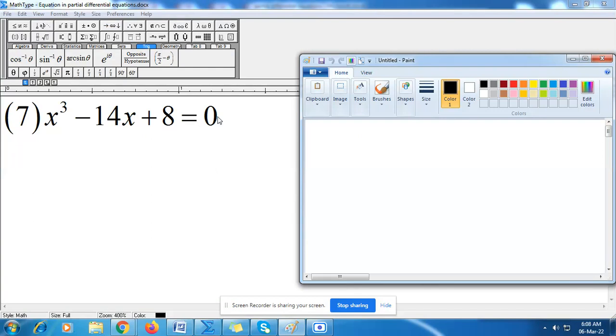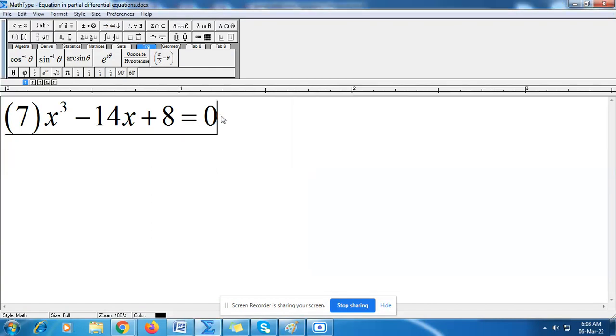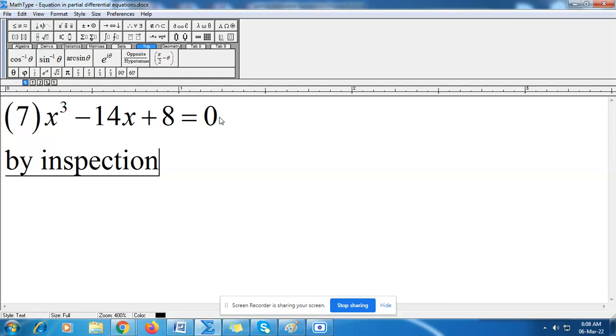So by trial and error or by inspection, x equal to minus 4 is a root.